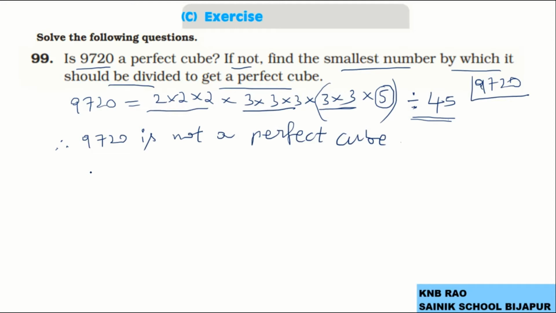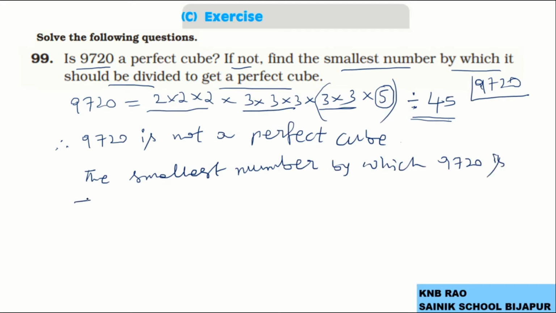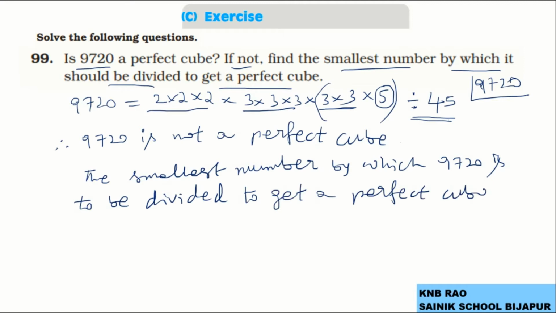Then we will write the smallest number by which 9720 is to be divided to get a perfect cube is 45. That's it. So this is the final conclusion statement.